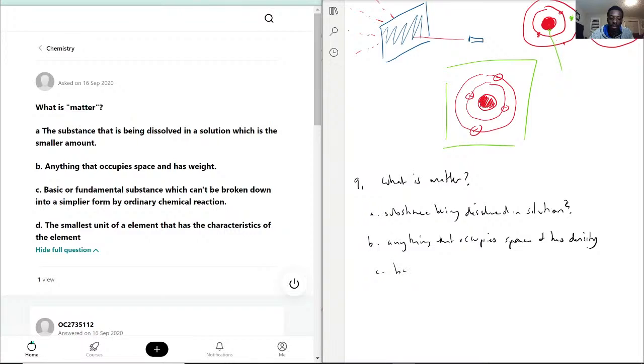C, basic or fundamental substance that can't be broken down further by chemical reaction.